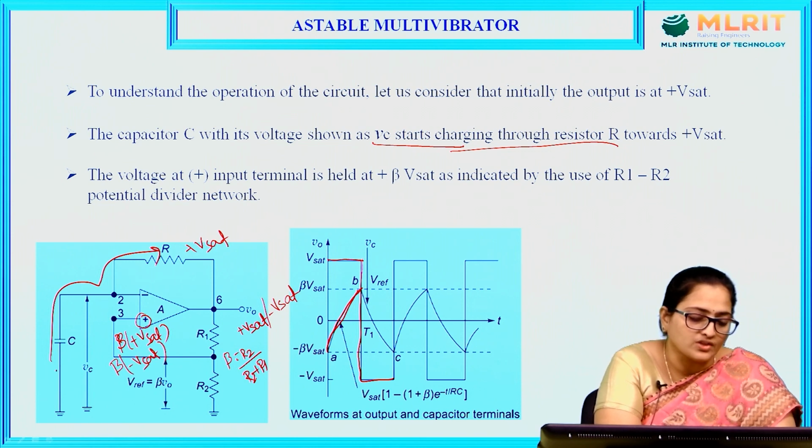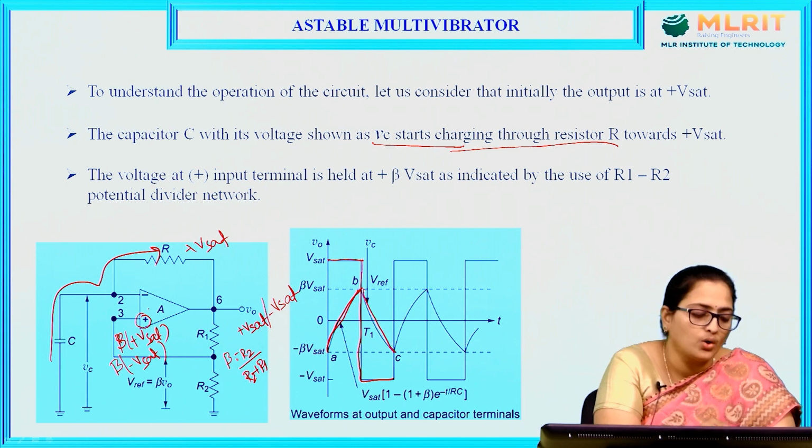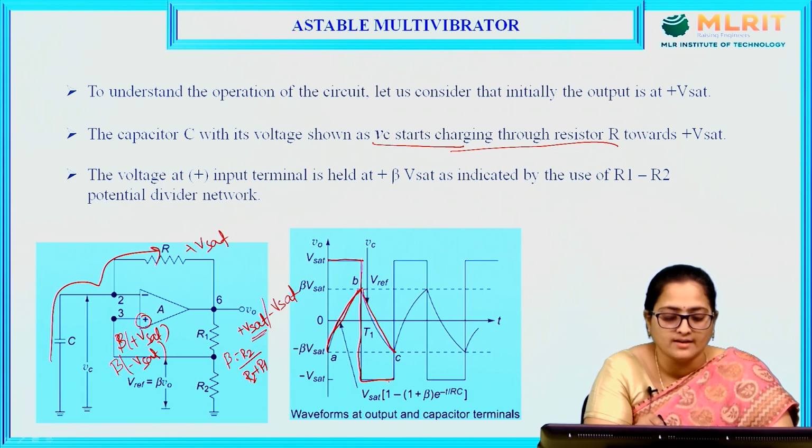The capacitor discharges towards minus Vsat, and when it goes just below the voltage at the positive terminal, the output again moves towards plus Vsat. This is how the cycle repeats to produce the waveform.